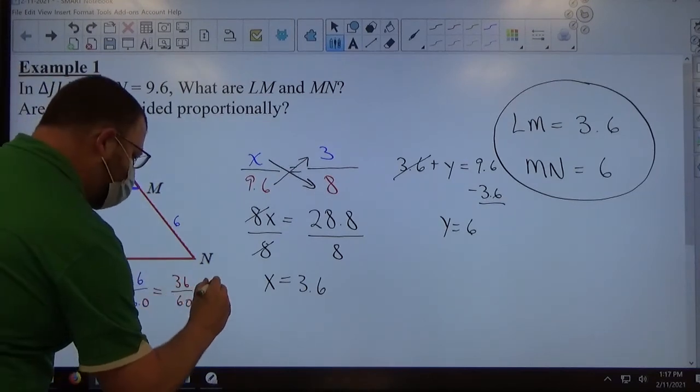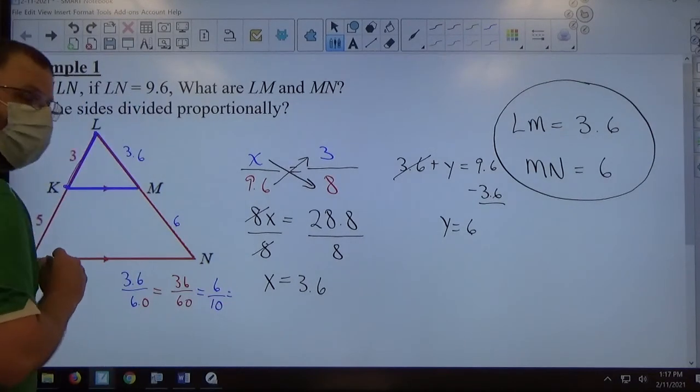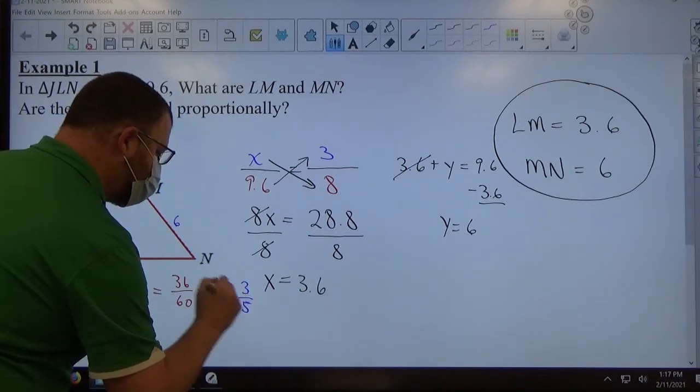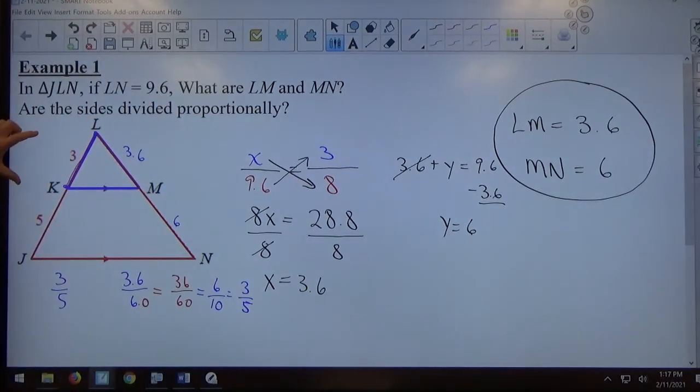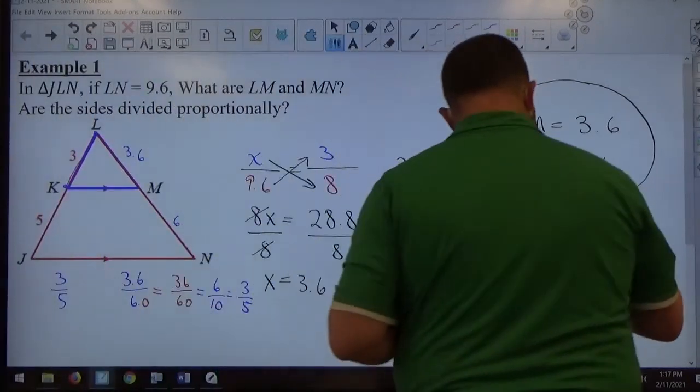So 36 divided by 6 is 6, 60 divided by 6 is 10. And 6 and 10 are both even, so they divide by 2. 6 divided by 2 is 3, and 10 divided by 2 is 5. So the ratio of these sides is 3 to 5. The ratio of these sides is 3 to 5. So these sides are divided proportionally. All right? So are the sides divided proportionally? Yes.